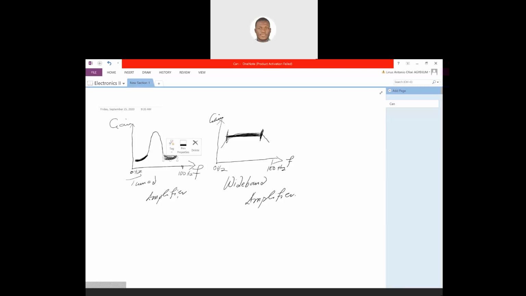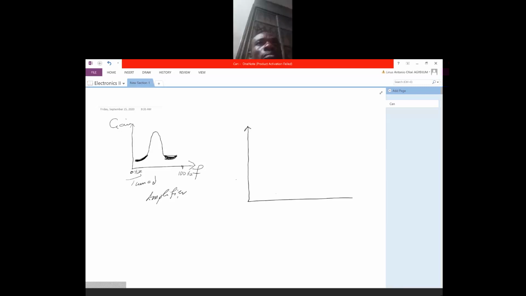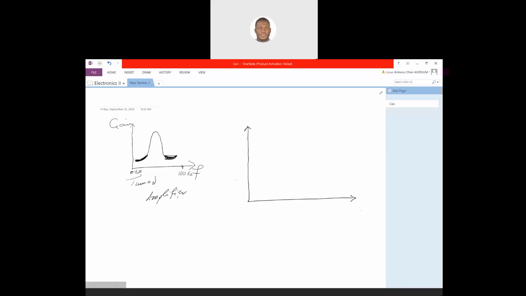So what I'm basically saying here is that, for instance, let's assume this is a frequency response, okay? And then this is our frequency, and this side is gain.